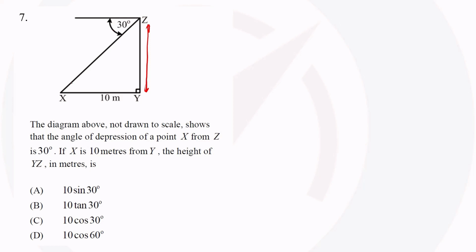That means here will give me my 30 degrees. Hence I'll have the opposite side over the adjacent, and that's also tan again. So tan 30 is equal to the opposite, which is YZ, which is what we want to find, over the adjacent, which is 10.